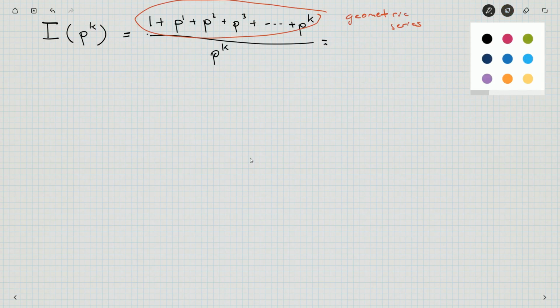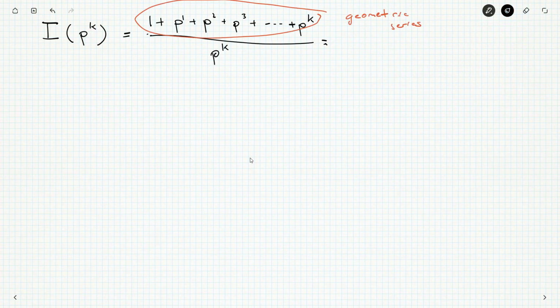And when you have a sequence like that, when you have a followed by ar and then ar squared and so on, if I want to add them all up to a certain point, then there's a formula for that, and it's a times r to the k minus a over r minus 1, I think.